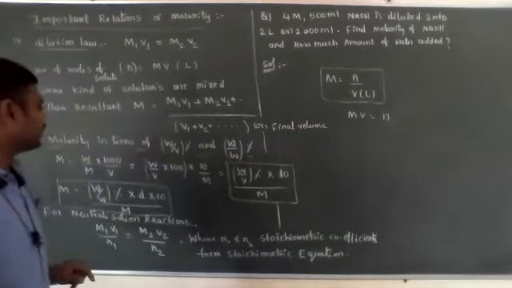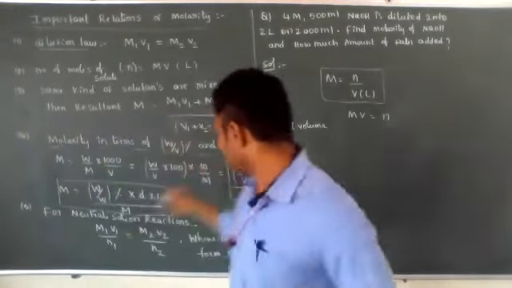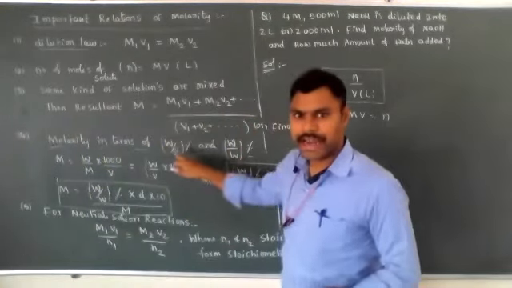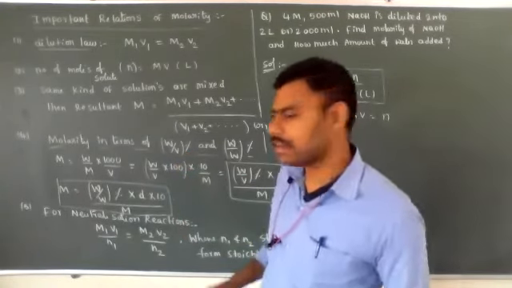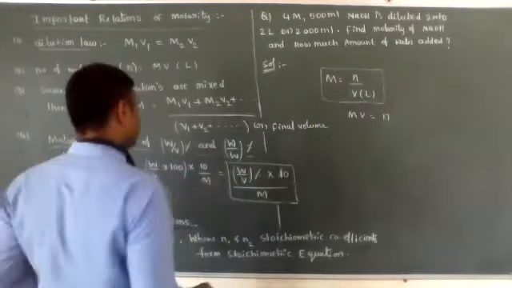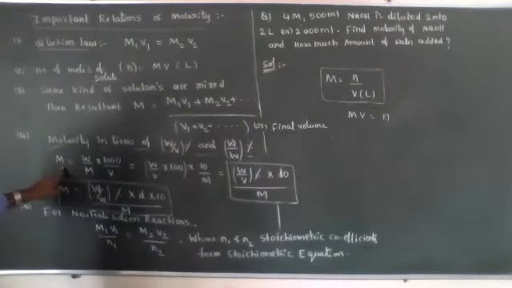Now we have already derived the weight by weight and weight by volume relations. So in terms of weight by volume as well as weight by weight, what is the molarity formula? We know very well molarity is equal to weight by gram molecular weight, into 1000 by V in ml.